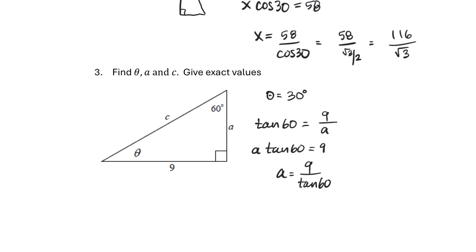Again, 60 degrees is one of these special angles that we can find on the unit circle. The definition of tangent is y divided by x. At 60 degrees on the unit circle, we have a y value of square root of 3 over 2 and an x value of 1/2.